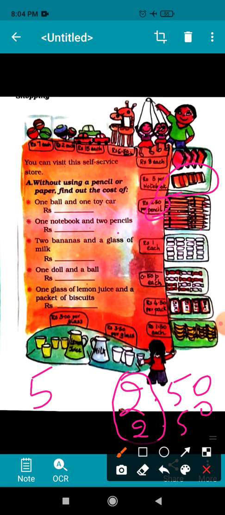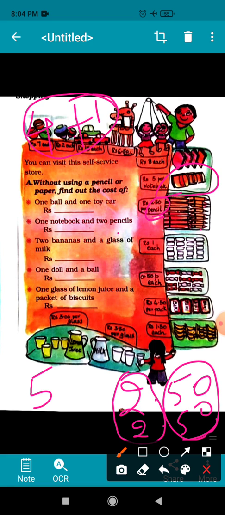These rupees will be added together. It will become 4 and 50 paisa plus 50 paisa becomes 100 paisa and 100 paisa is equal to 1 rupee. So this 1 rupee will be added to 4 and it will become 5. So 5 plus 5 becomes 10. Children, hope you all have understood how you have to solve these sums. So do practice these sums.